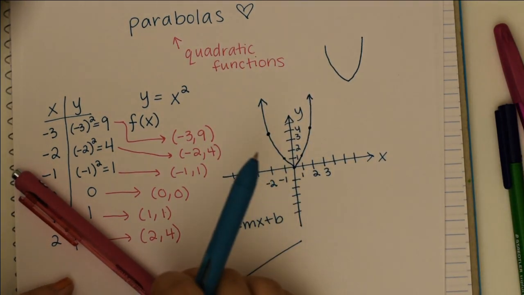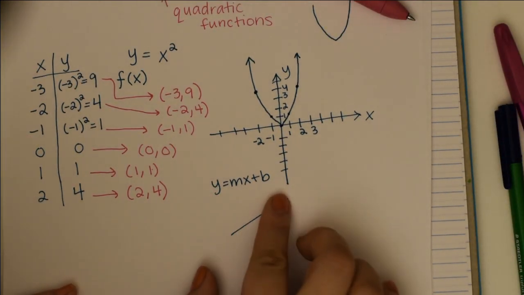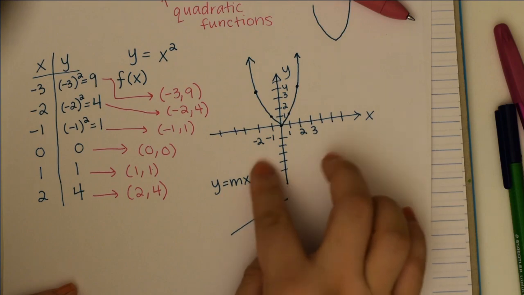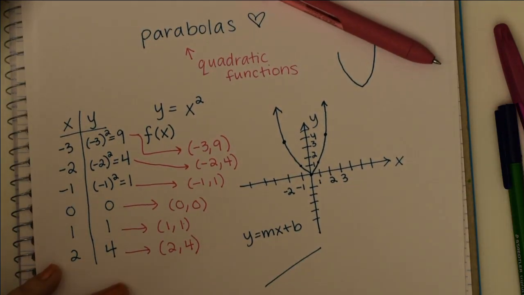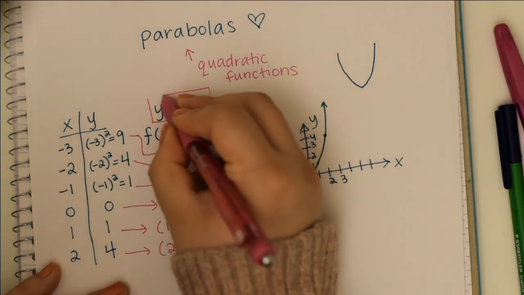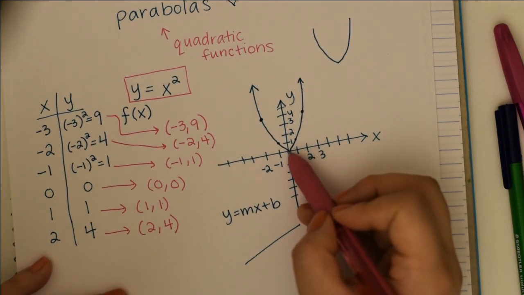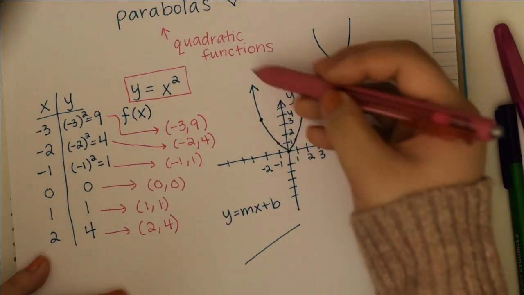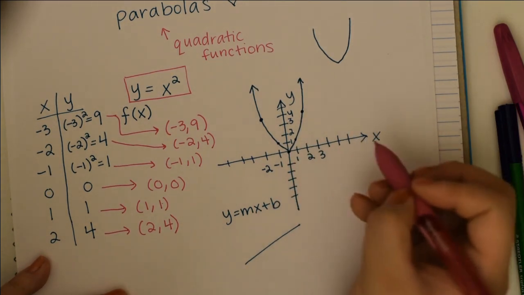And so what are quadratic functions? Well, lines have this form, and we'll study this. This has like a y-intercept. This is the slope, etc. We'll go into that. And I said that this is your most basic parabola. The reason I say that is because you'll notice that this point right here at the very bottom, called the vertex, is at 0, 0.